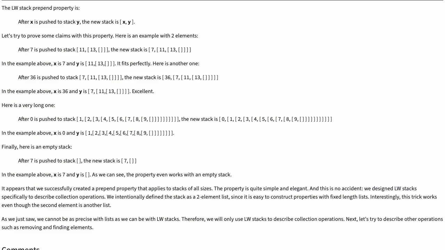Interestingly, this trick works even though the second element is another list. As we just saw, we cannot be as precise with lists as we can be with logic walk stacks. Therefore, we will only use logic walk stacks to describe collection operations. Next, let's try to describe other operations such as removing and finding elements.